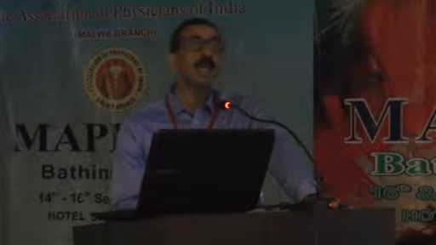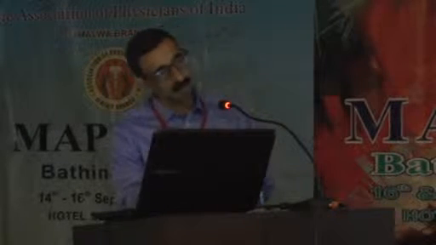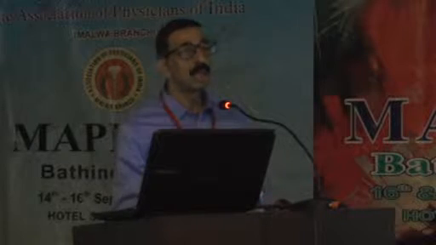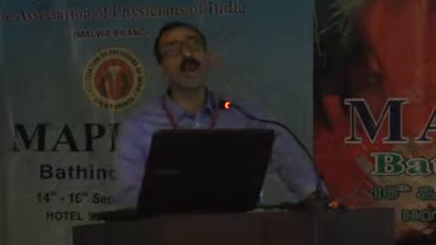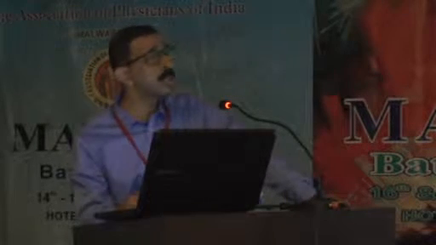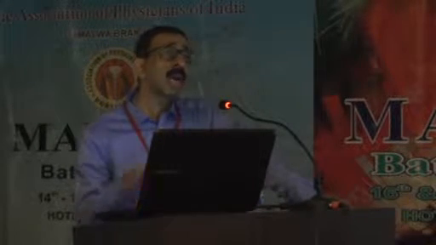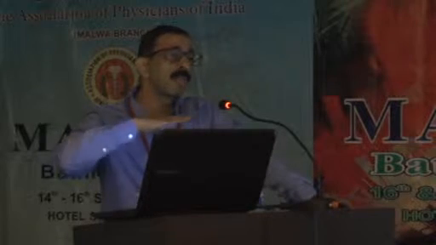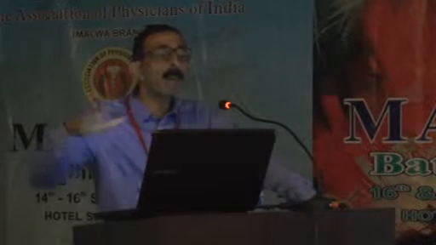Pica in combination with spoon-shaped nails, we know this is called koilonychia. These 2 are very important features of iron deficiency anemia. The tongue, I'll show you 2 pictures of the tongue. Tongue becomes smooth, there is loss of everything over the tongue. There is no papillae over the tongue, and the mucous membrane becomes inflamed. There can be ulcers in the mouth.